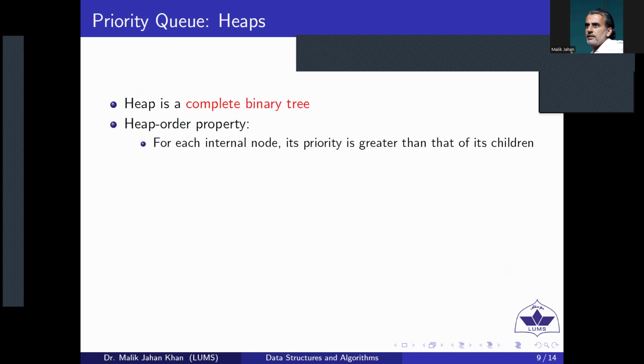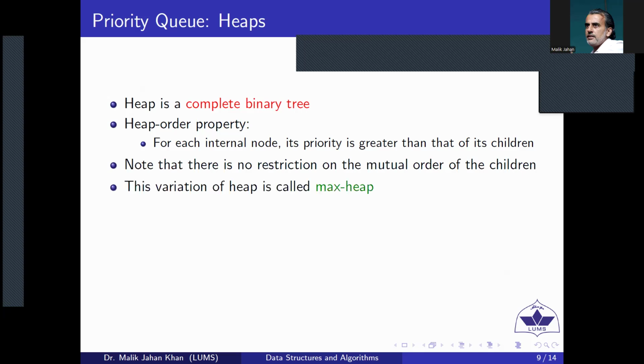The heap order property is defined such that for each internal node, its priority is greater than that of its children, which means for each non-leaf node, its priority or its key is greater than that of its children. And there is no discrimination between children. Left and right child might have any kind of relationship, and that is okay for a heap, which is different from what we saw in the case of binary search trees.